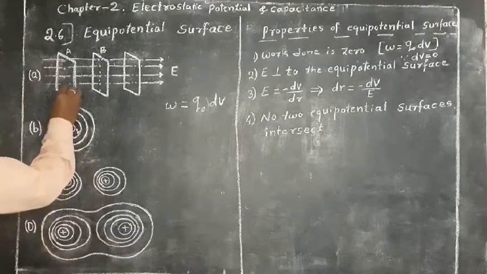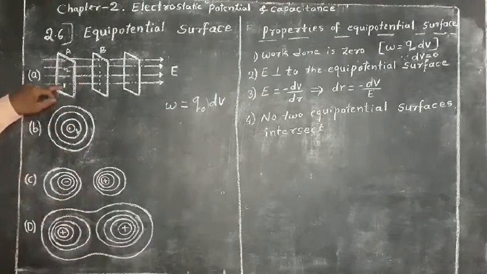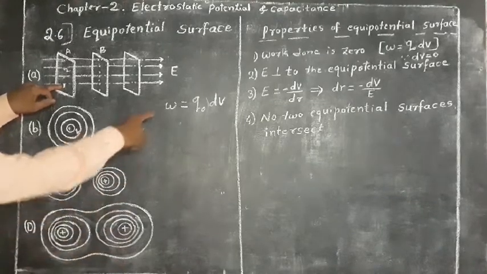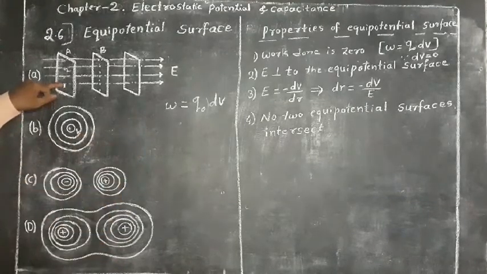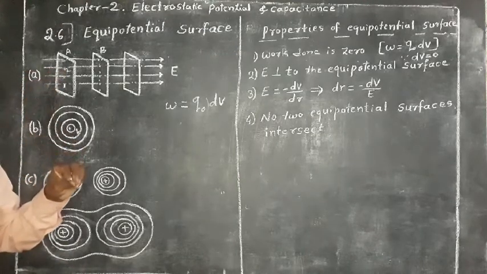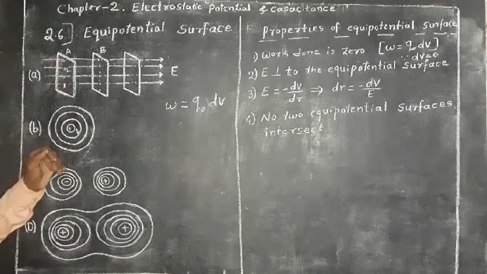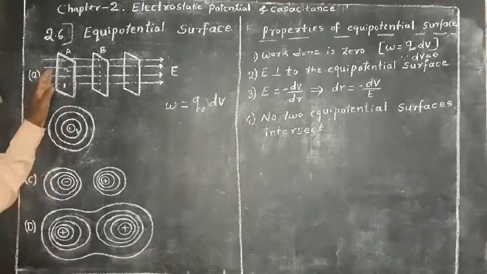Consider 2 points 1 and 2. Then the work done in moving a test charge from point 1 to point 2 is equal to 0, because there is no potential difference between any points of the surface.